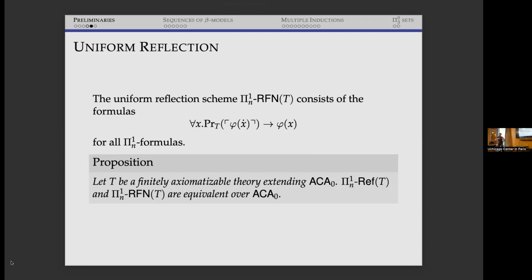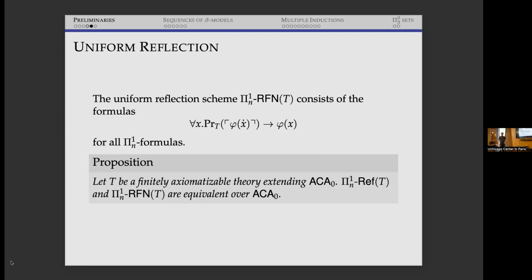If you get reflection for each standard formula, you can have reflection for it with parameters. It's going to be the same thing in the end. If you try to prove it, the result just comes. It's not too much. So if you prefer to think about this kind of schema, it's okay.